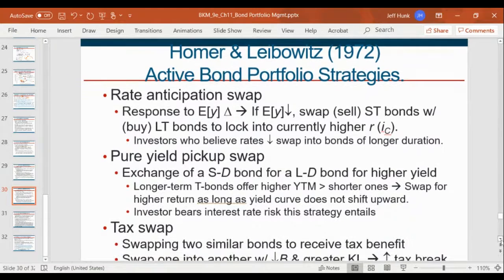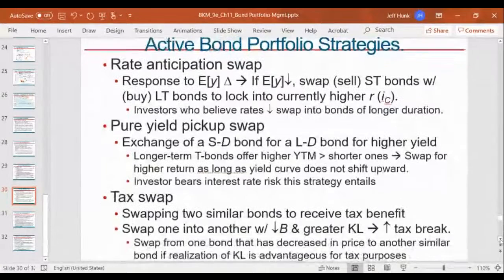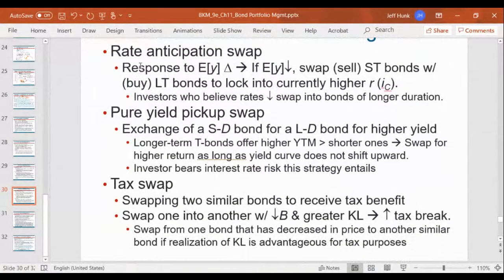If we go into further detail of actual strategies, the first one is the rate anticipation swap, which is an action taken in response to an anticipated change in expected interest rates.